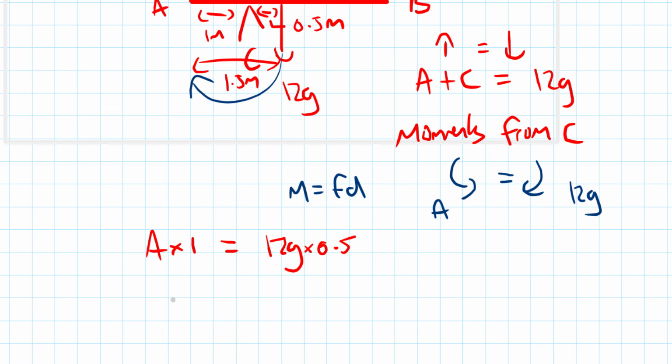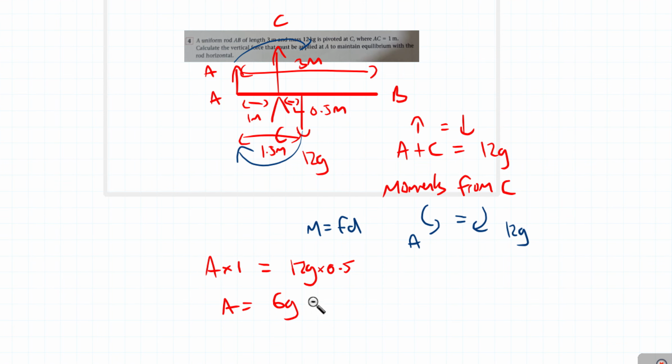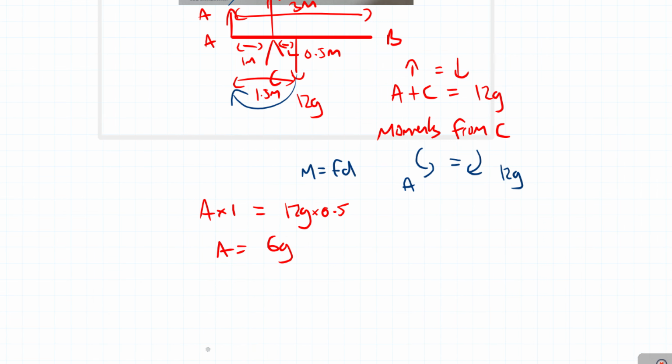And then from here we solve, so A is equal to 6g. So that gives you the vertical 6g. If they want it to several significant figures, we do 6 times 9.81, which gives you an answer of 58.86 newtons. If we take g, it's 9.81.